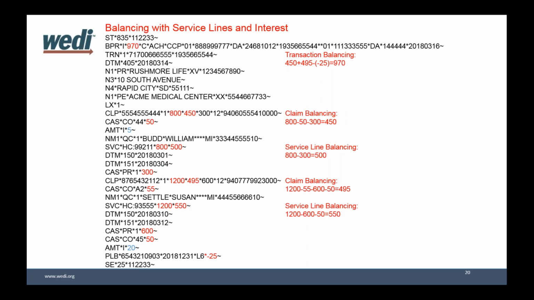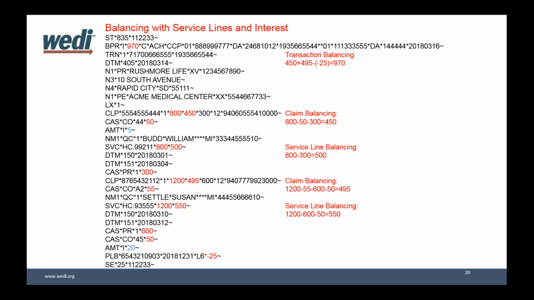So here we've got all of the different facets of balancing in play. This is probably a good slide to keep handy so that you can see how all the numbers sort of interplay. We also have slid in there a couple of AMT segments representing some interest here. Now, also note, those did not come into play as we balanced this transaction.